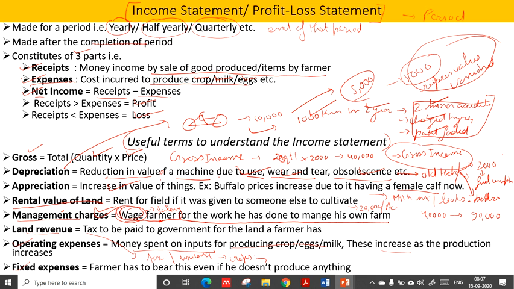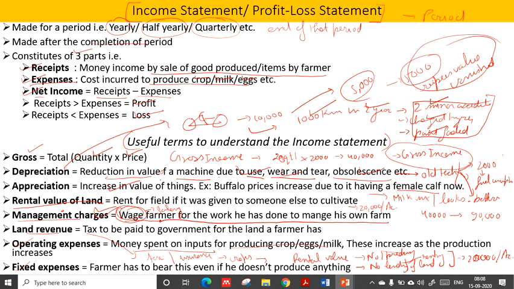Plus, if you are not producing anything, you have to bear the rental value, since you are not producing and not renting out the land. That means how much loss do you have? 20,000 rupees per acre. This you have to bear. You might produce anything or you might not produce anything. So there are some charges which a farmer has to bear even if he produces any amount, 0 or 100.